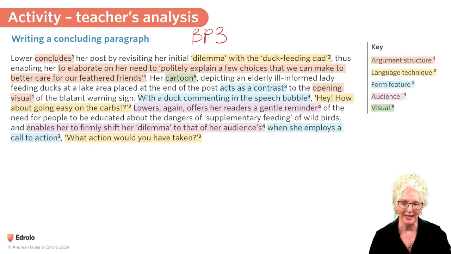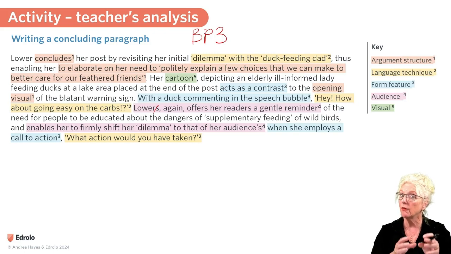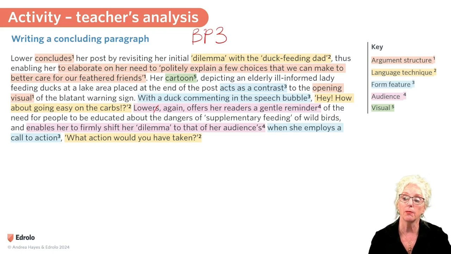Lola again offers her readers a gentle reminder of the need for people to be educated about the dangers of supplementary feeding of wild birds, and enables her to firmly shift her dilemma to that of her audience, when she employs a call to action, what action would you have taken?